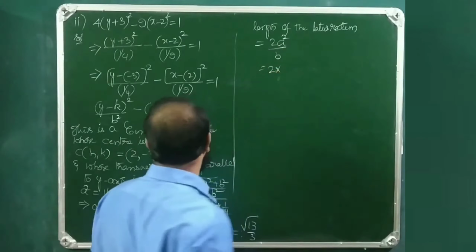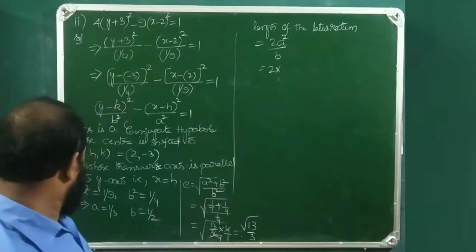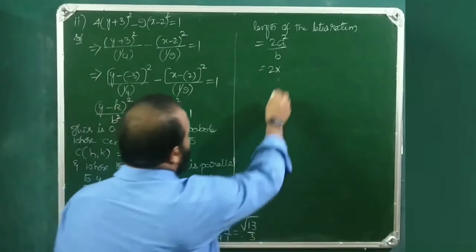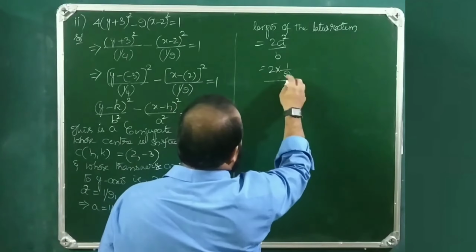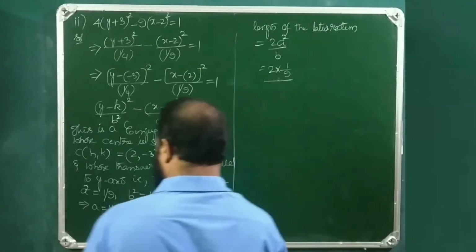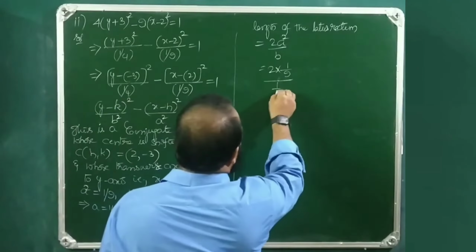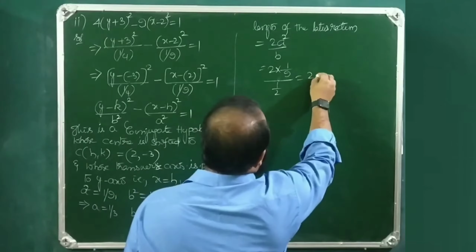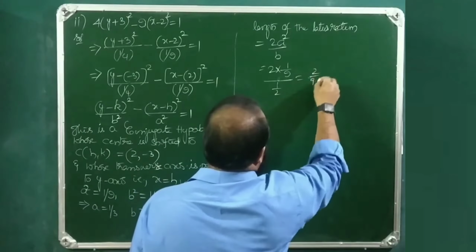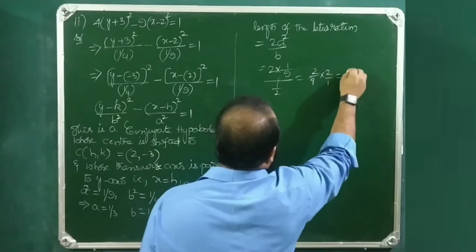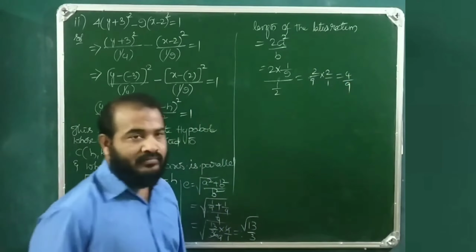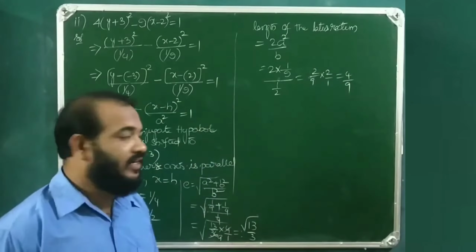So 2 into a square, which is 1 by 9, by b, which is 1 by 2. So this is 2 by 9, 2 into 1, so 4 by 9. So this is the length of the latus rectum.